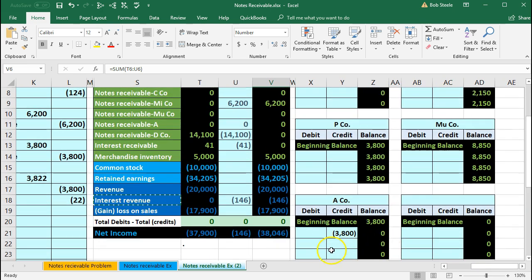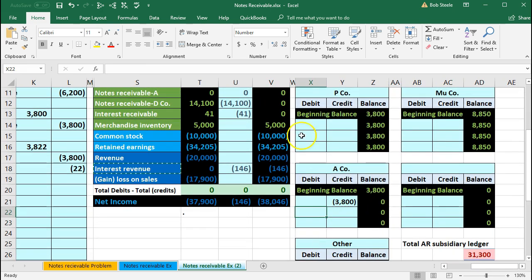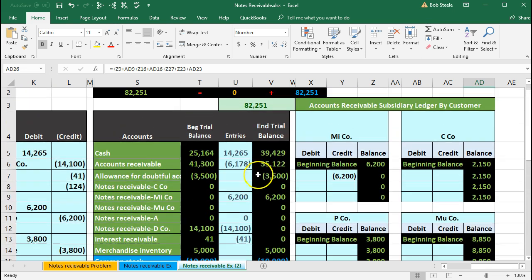So A is right here. We're going to put that back on the books. So in X22, we're just basically recording the same entry over here. So in X22 equals, and we're going to point to that 3,822 and enter, putting us back in balance, bringing the balance up here. 35,122 there, matching 35,122 here.